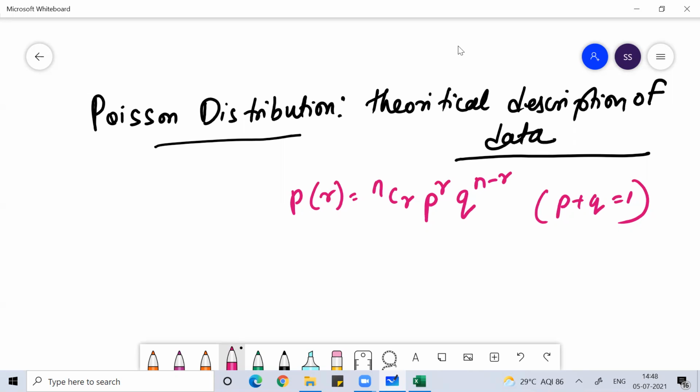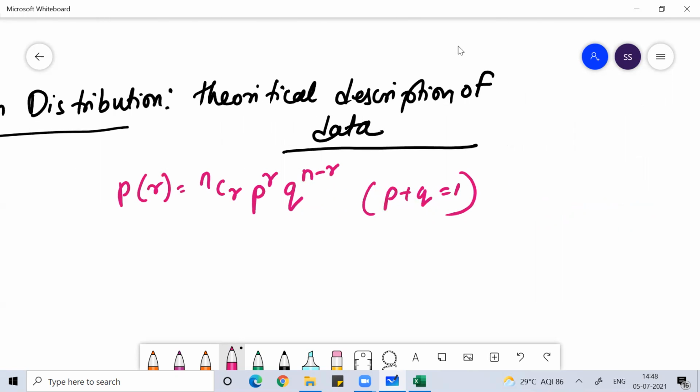The limiting case of binomial distribution is Poisson distribution, where the probability of success is very small and n is very large.